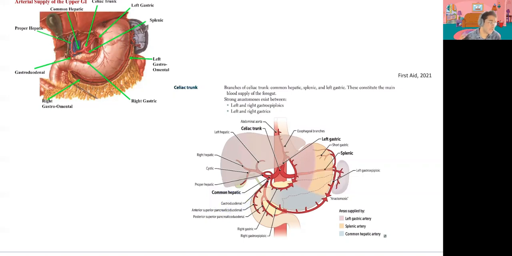Guys, if there's a rupture, right, or an ulcer through the bulb of the pyloric region into the duodenum, what artery is going to be damaged? Sorry, can you say that one more time?